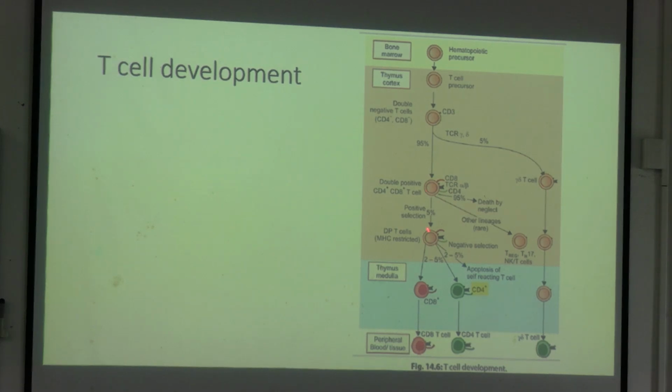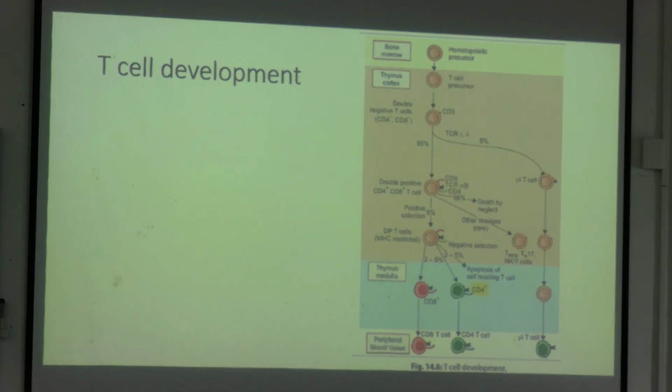সেখান থেকে a positive selection হলো 5%, and then again they develop MHC restriction molecule on it. Whenever there is an MHC restriction molecule on it, they further come into the thymus medulla. From the thymus medulla, they differentiate into the CD4 cell and the CD8 cell.